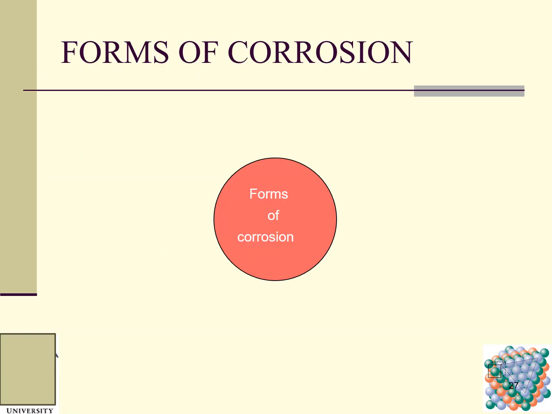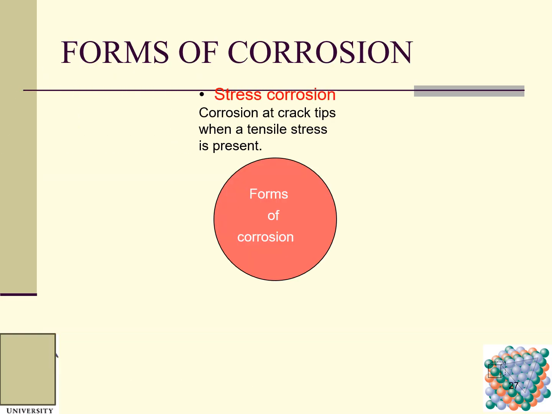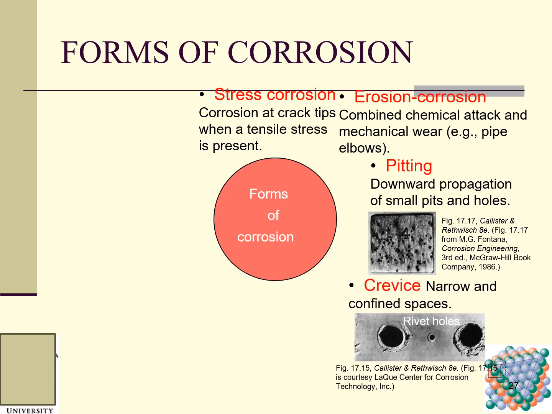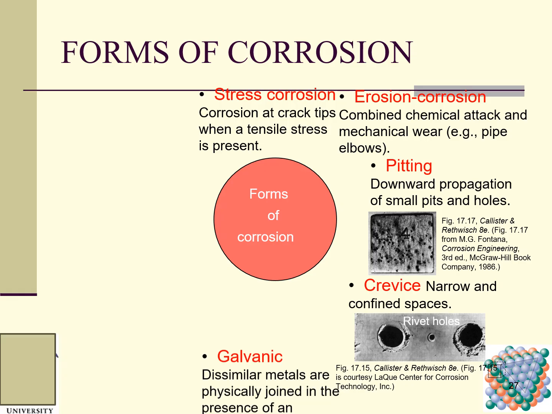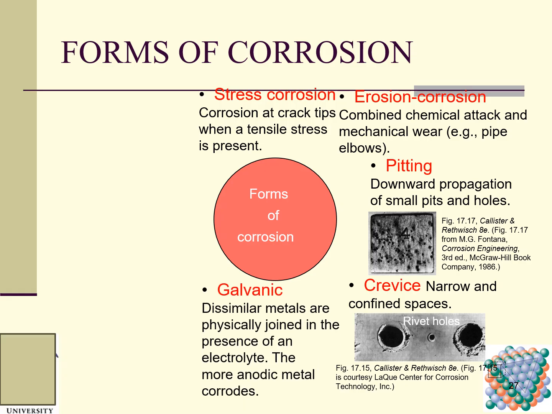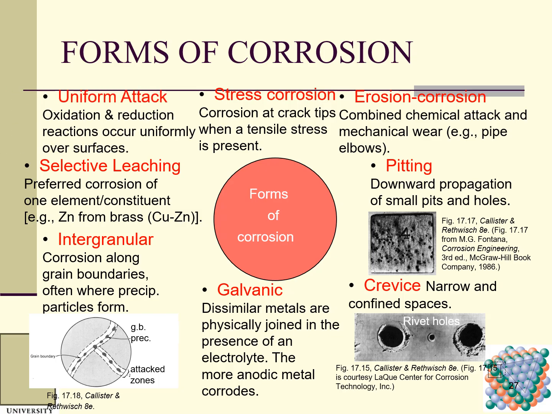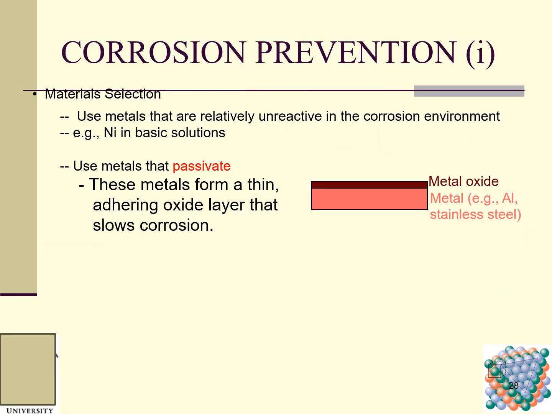The forms of corrosion are stress corrosion, erosion corrosion, pitting, crevice, galvanic, intergranular, selective leaching, and uniform attack. These are the forms of corrosion I want you to know, what they are, and how they are different.